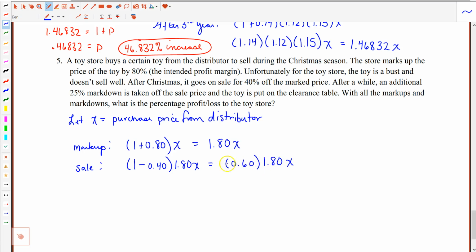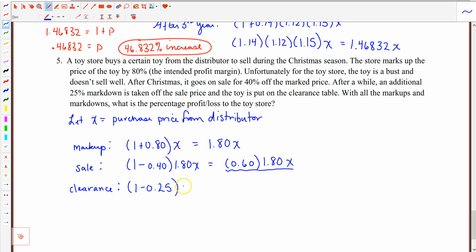Now, the toy doesn't move, so it goes on a 25% markdown. We're going to call this the clearance price. For clearance, it's going to be 25% off. So 25% is represented by 1 minus 0.25, and I'm going to mark it 25% off of whatever this sale price is.